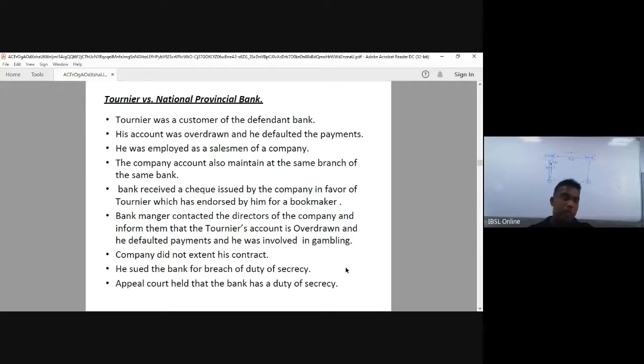under any circumstances, the bank officers cannot divulge information to a third party without the consent of the customer. When we say this, the information is not limited to the account details.